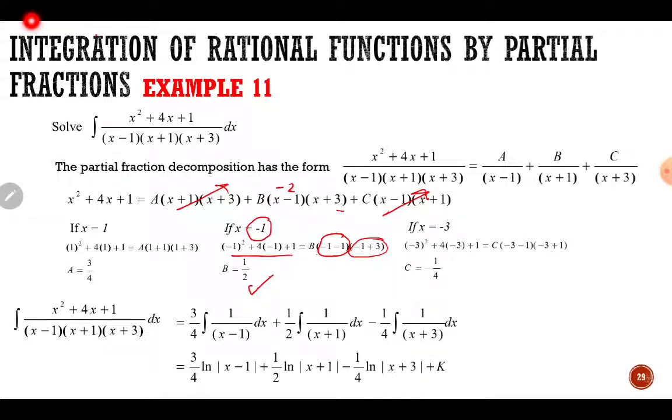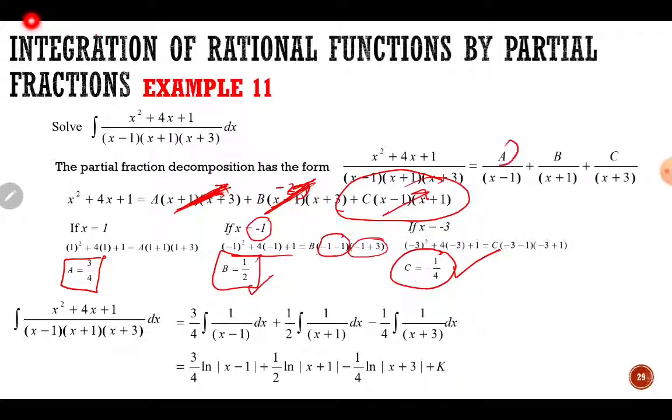Bila kita x equals to negative 3, yang ni dengan yang ni akan cancel. So dapatlah C. So C kita akan dapat negative 1/4. So these 3 values of A, B and C, kita masukkan baliklah kat sini. A ni sama dengan 3/4. B ni sama dengan 1/2. C sama dengan negative 1/4.